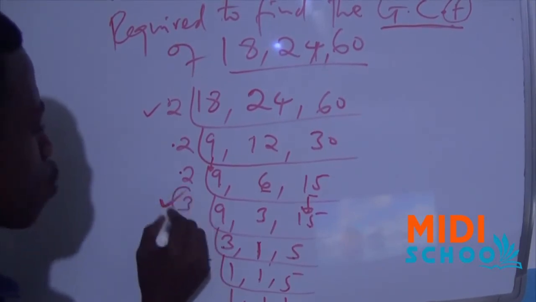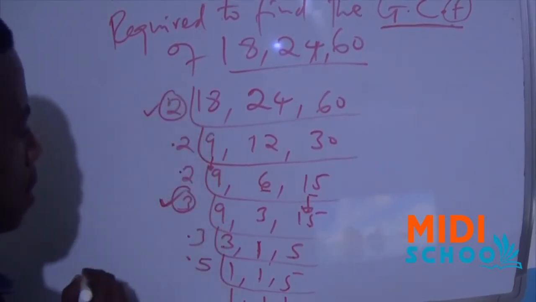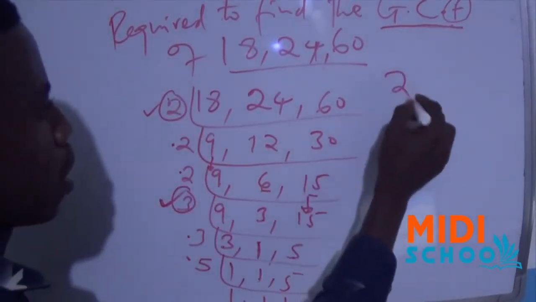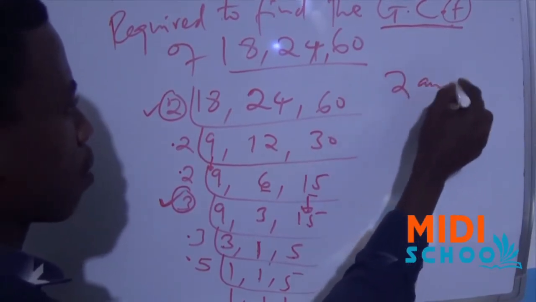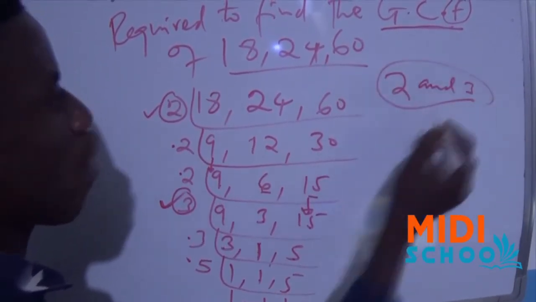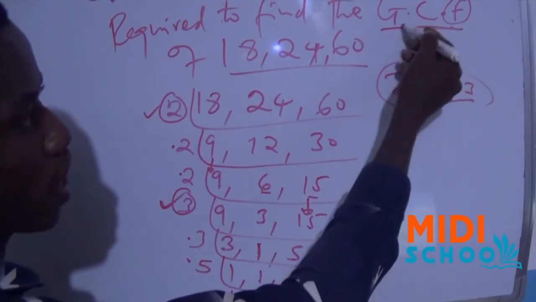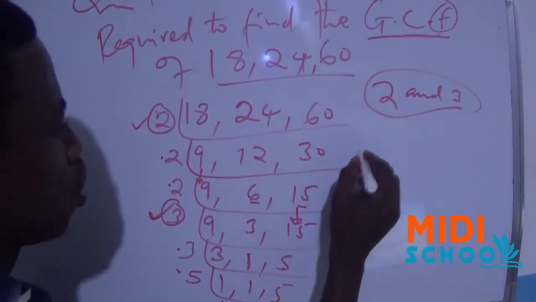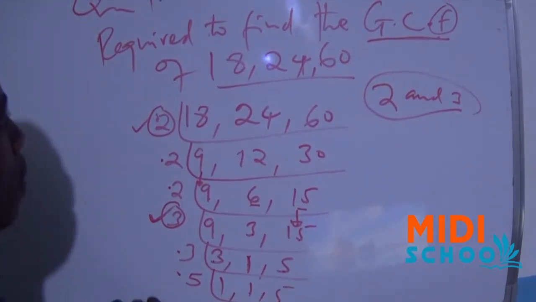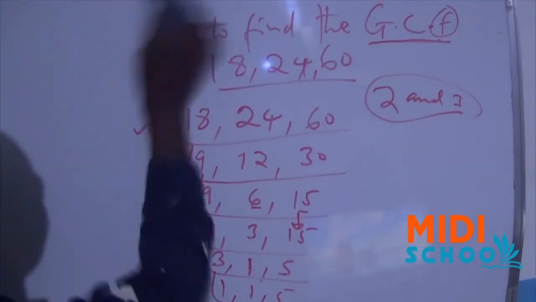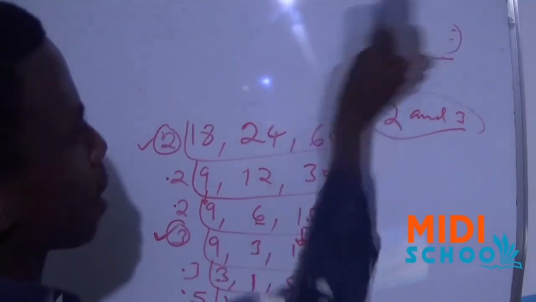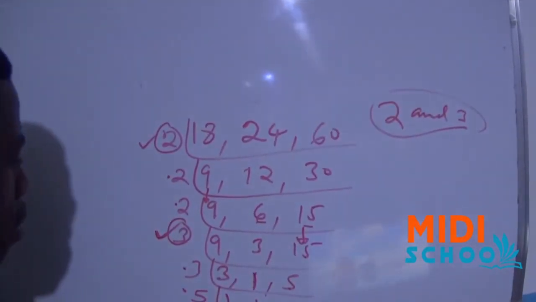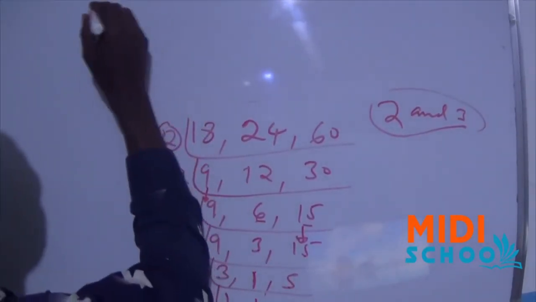So the numbers which divided all the numbers, which are 2 and 3, can help us to find the GCF, or the greatest common factor. So how do we find the greatest common factor? We just conclude here by saying, let me write it up here.